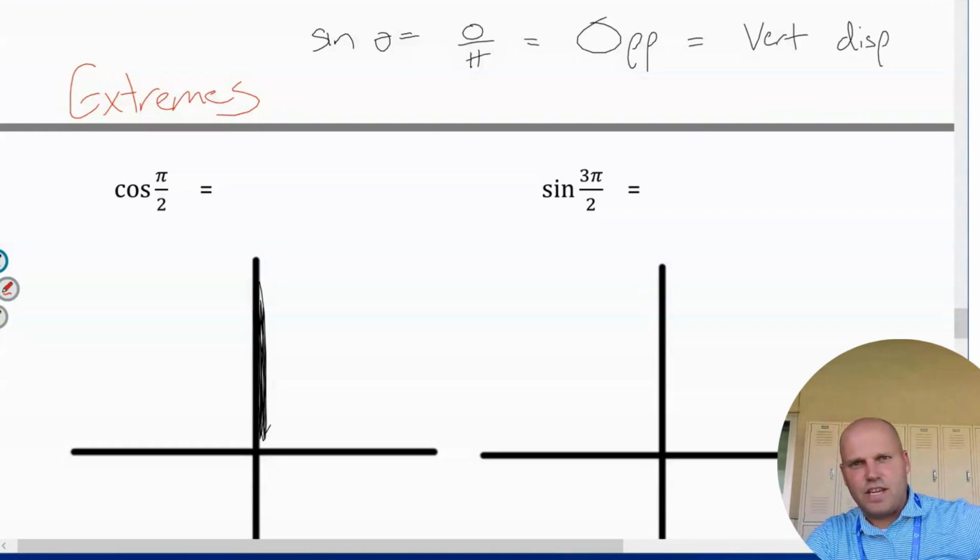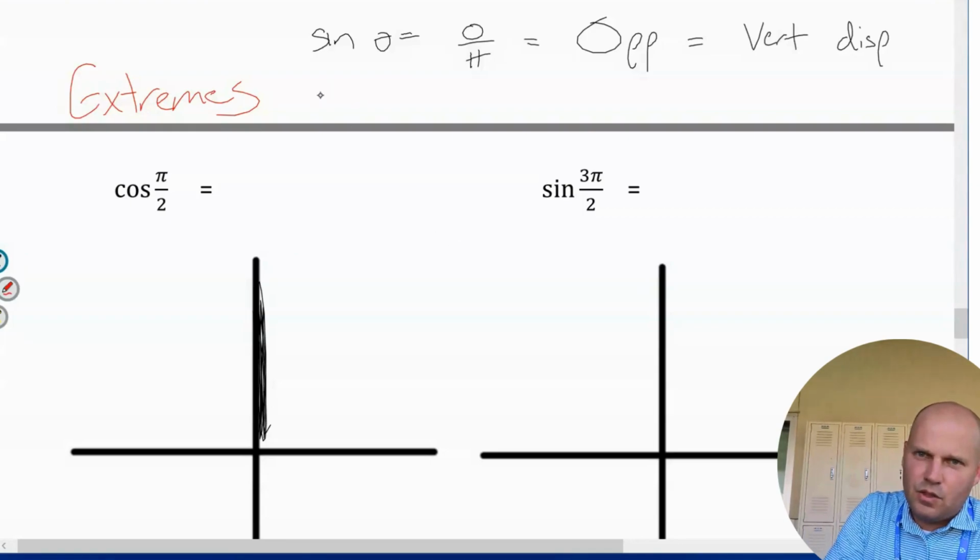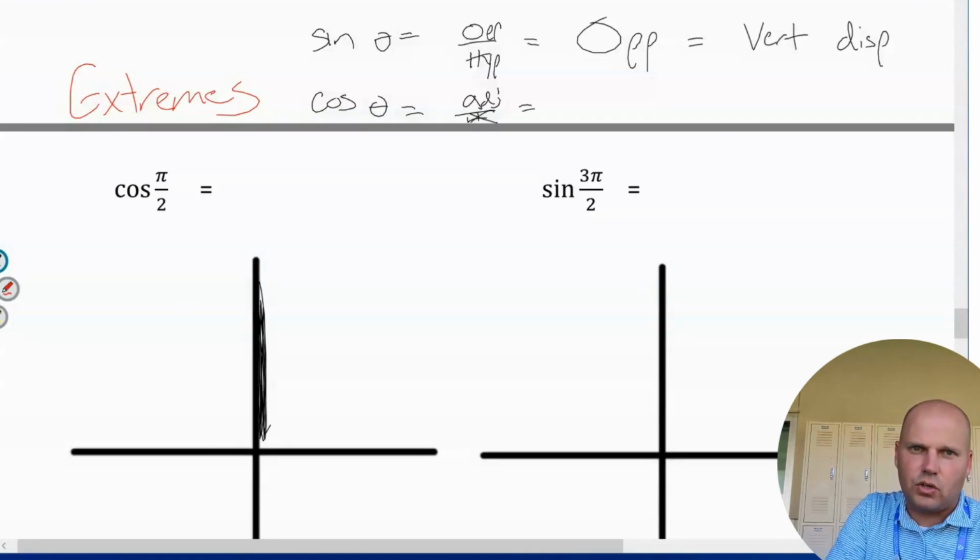Up being positive, down being negative. The cosine of the angle will always be adjacent over hypotenuse. Since the hypotenuse is always 1 in the unit circle, we just worry about the adjacent side length. And the adjacent side length is always going to be the horizontal displacement.